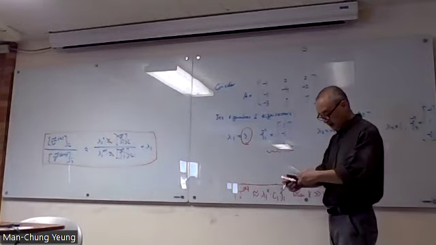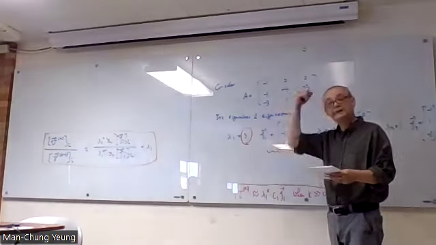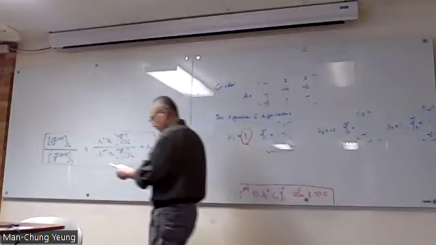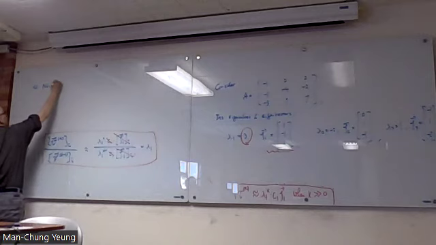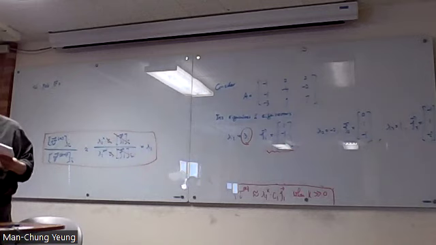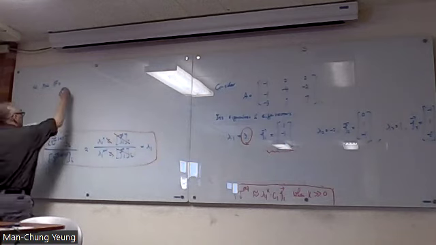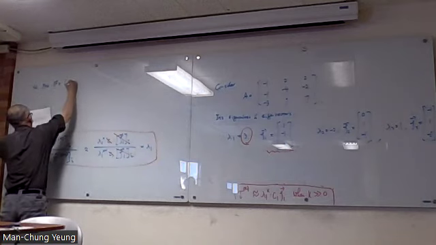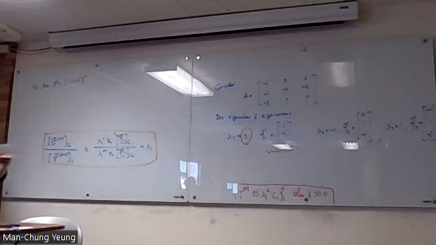Now, initially, I need to pick a vector. This vector can be arbitrarily chosen. Say the picked vector is 1, 0, 0, transpose, a column vector.